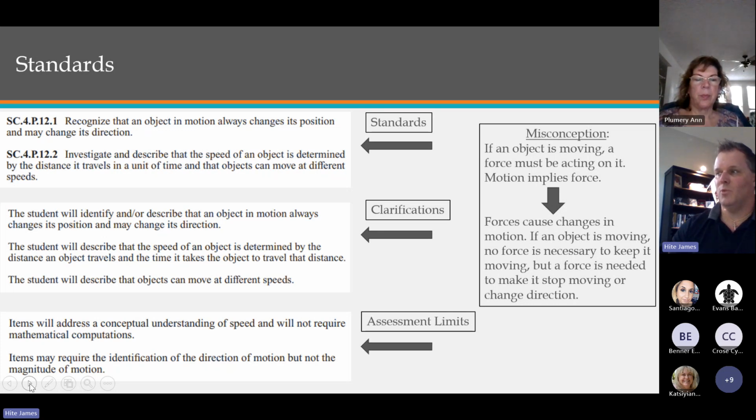If an object is moving, no force is necessary to keep it moving, but a force is needed to make it stop moving or change direction. So you can get it moving, and once it's in motion, it takes other forces acting on it to change that motion. That's the misconception there, that motion implies force.